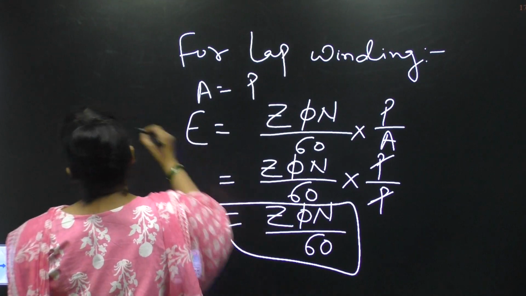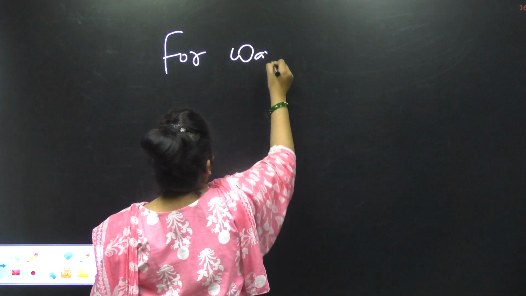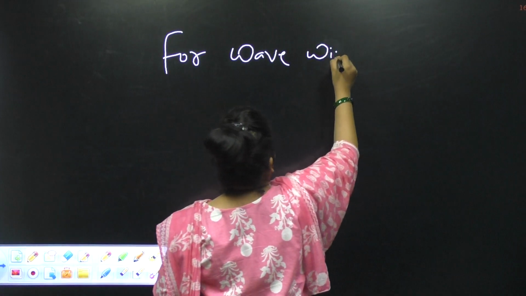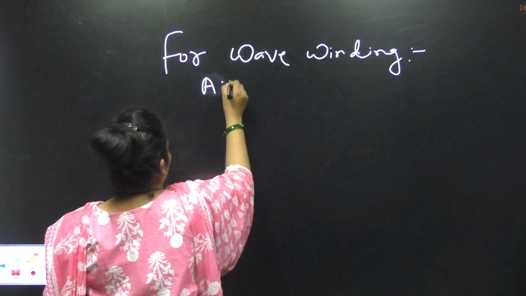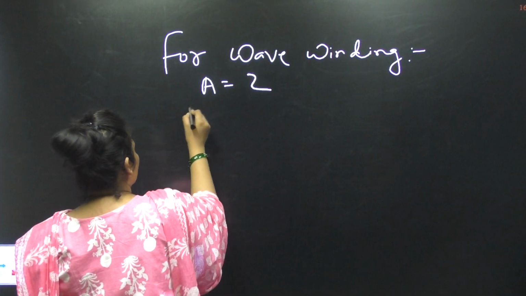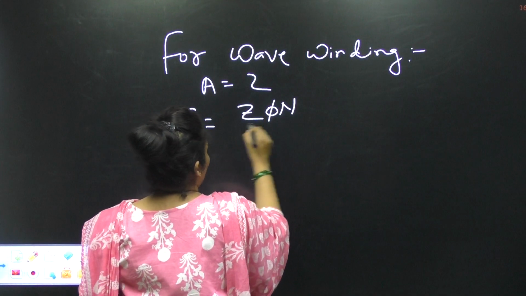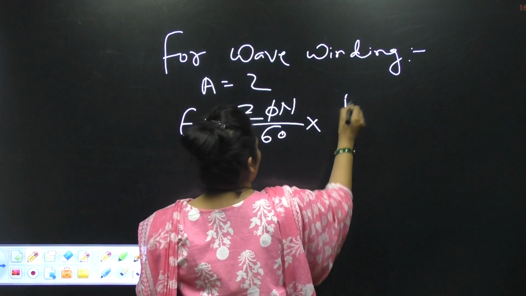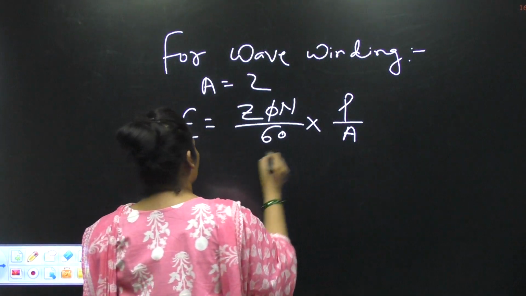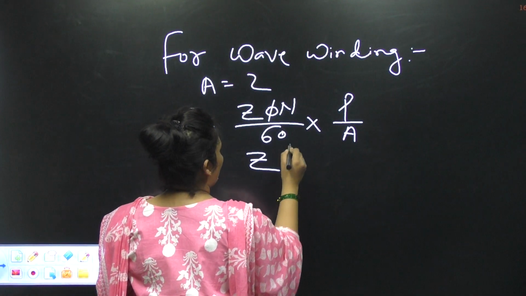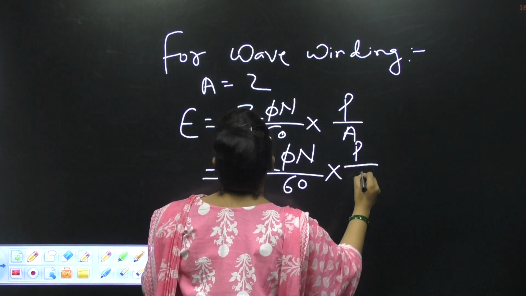Same for wave winding. For wave winding, we have taken A equal to 2. So what is our EMF equation? Z phi N by 60 into P by A. Put the value of A in this equation: Z phi N by 60 into P by 2.